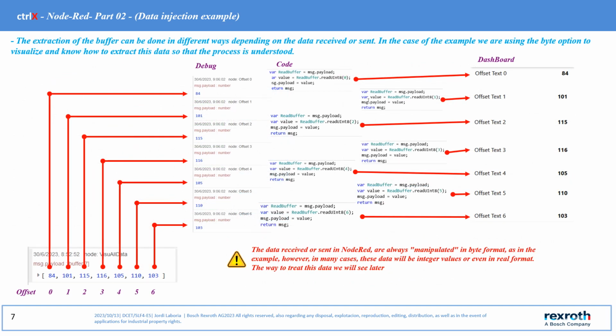Here you can see the code used in the function and how the buffer of each of the elements is read. The instruction is the same and only the offset number used changes.